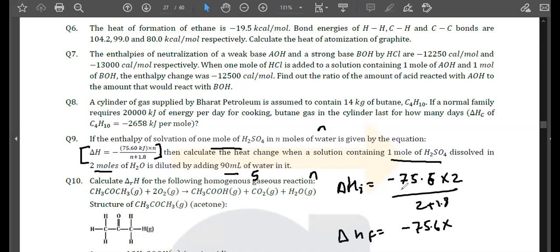So after dilution, it will be 5 plus 2, 7 moles: 7 by 7 plus 1.8. So you just have to subtract. Yes or no? Got this concept? Okay. So question number 9 done. Next.